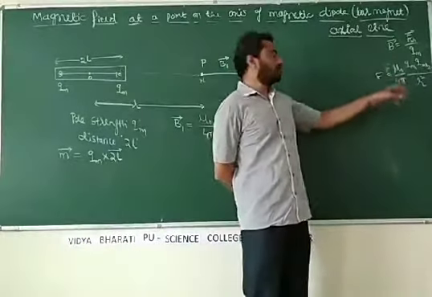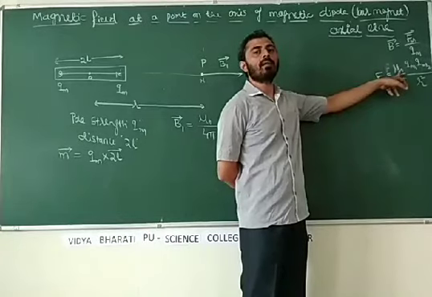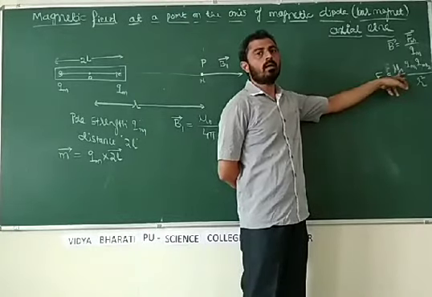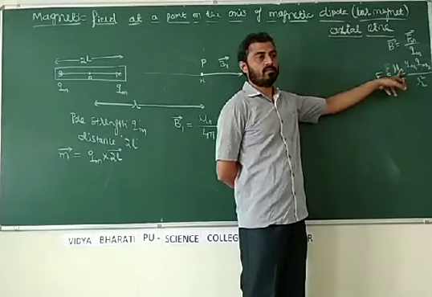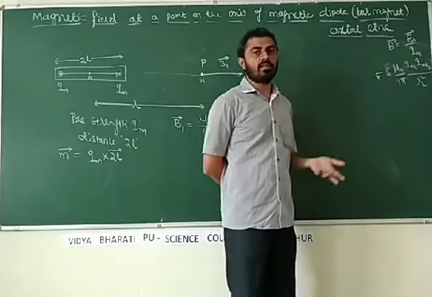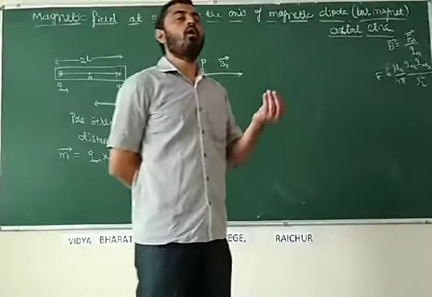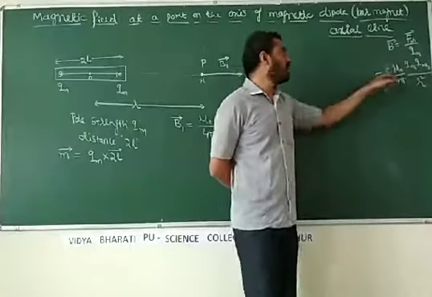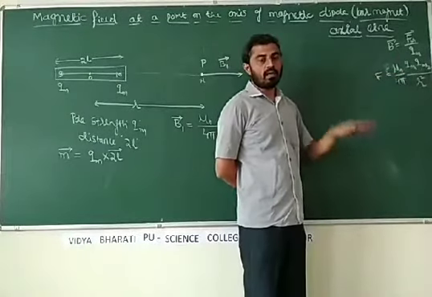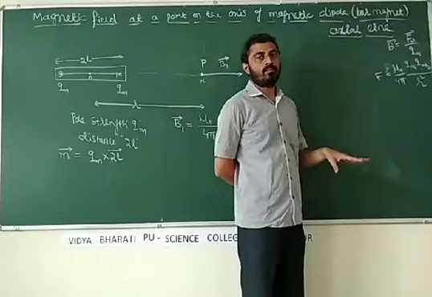And I have told you in the last class the importance of this mu naught, that is called permeability. That is a degree of measure of allowance of a medium for the magnetic field lines. How many lines are allowed to penetrate through the medium? That is called permeability.